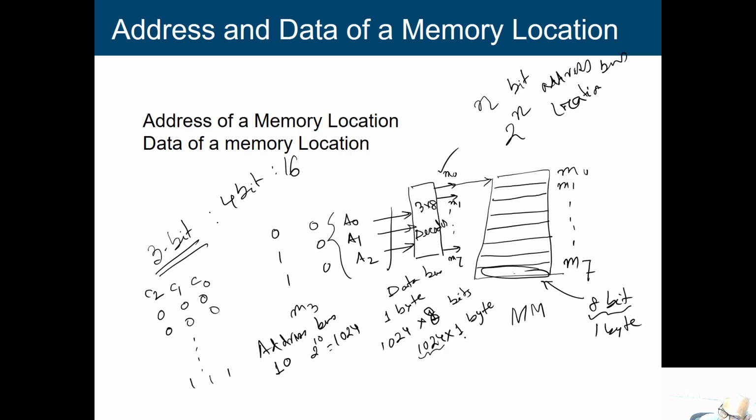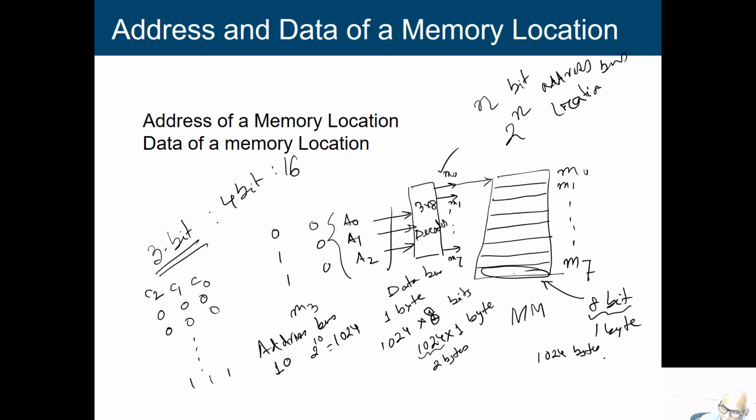So, the total capacity of this memory will be 1024 bytes. Similarly, if in every memory location I can store 2 bytes of information, then the capacity of this memory will be 1024 into 2, that is 2048 bytes.